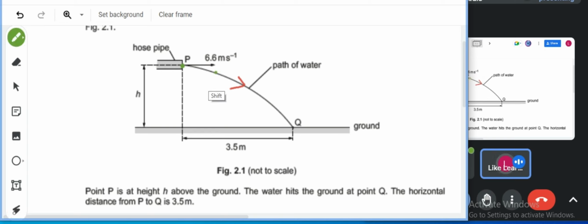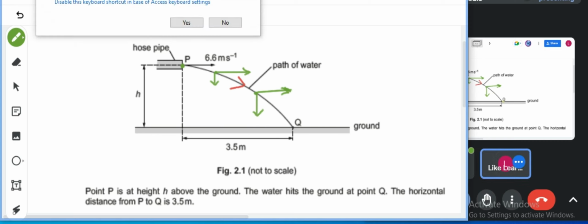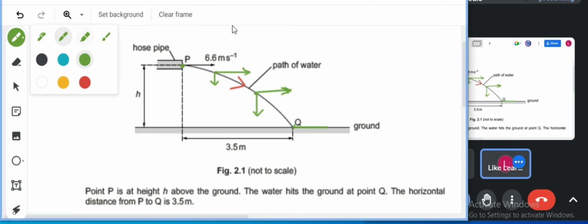The horizontal component stays the same value, 6.6, but the vertical component starts increasing gradually. At another position, the horizontal component stays the same as 6.6, and the vertical component gets bigger until it hits here.